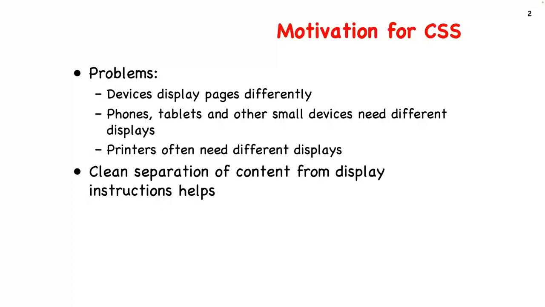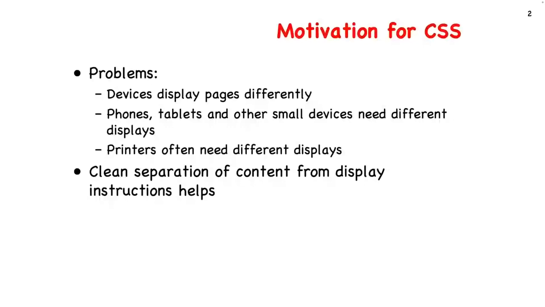Why did the World Wide Web Consortium think that we needed something called CSS? Well, it starts from the observation that different devices display pages differently, and that different sorts of device need different displays. So phones, tablets, and small devices need different displays from big devices. When we say big devices, what does big mean?